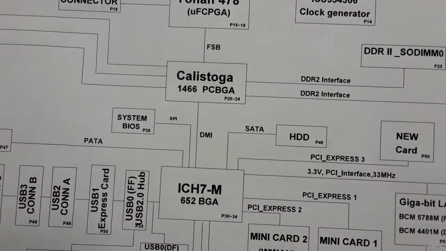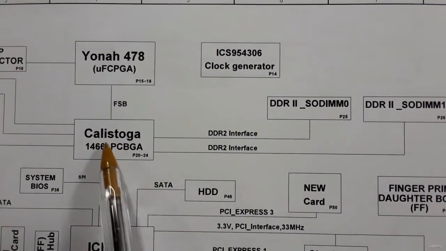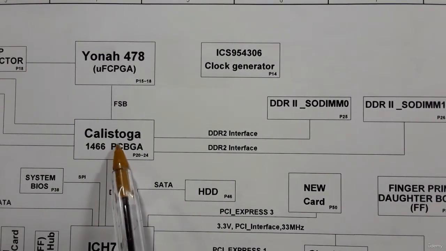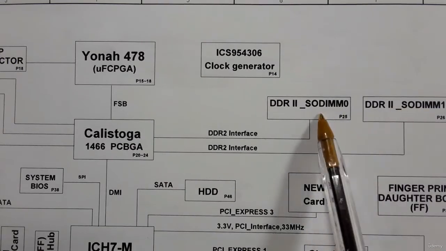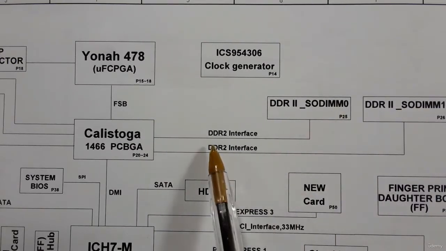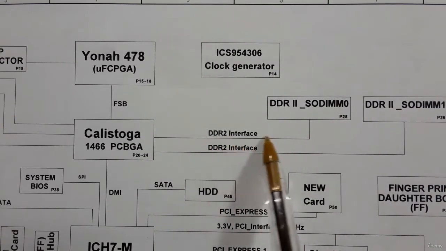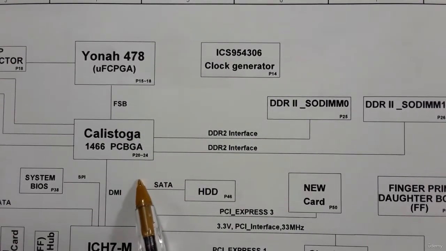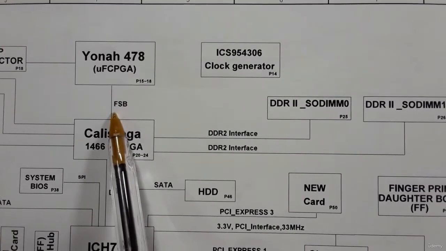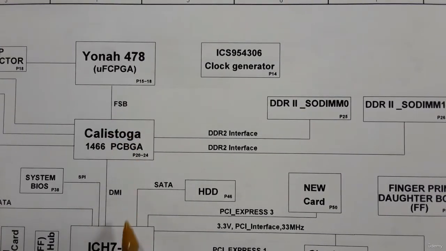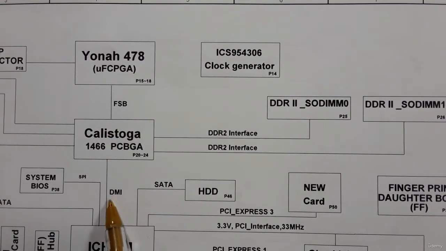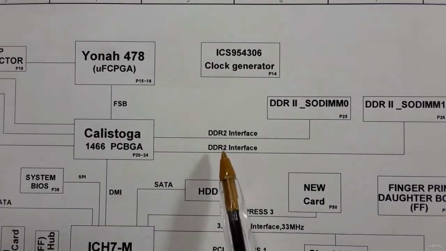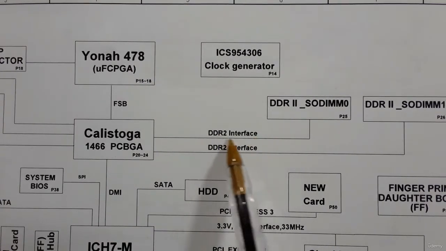The connection between the GMCH or the graphic card and the RAMs or random access memory is the DDR2 interface. So here we have three different connections: front side bus, FSB, DMI or direct media interface, and DDR2 interface.